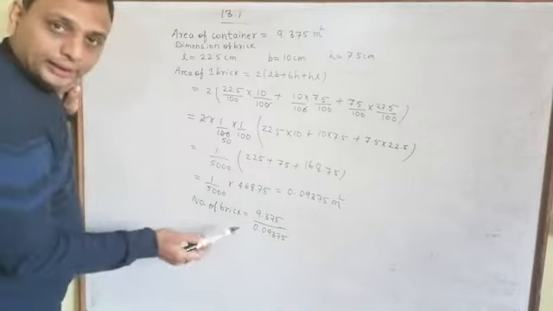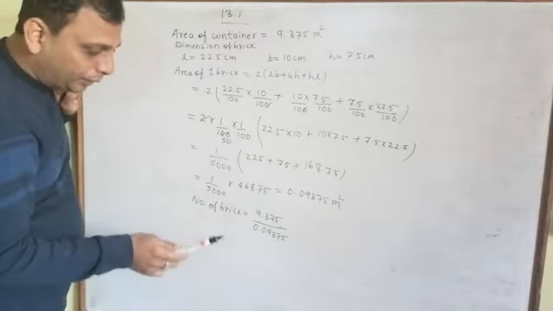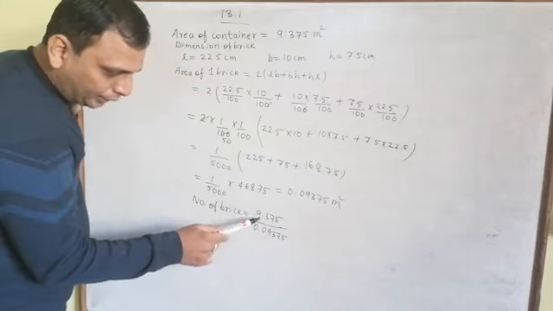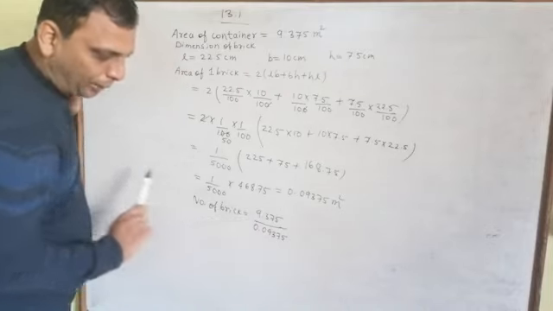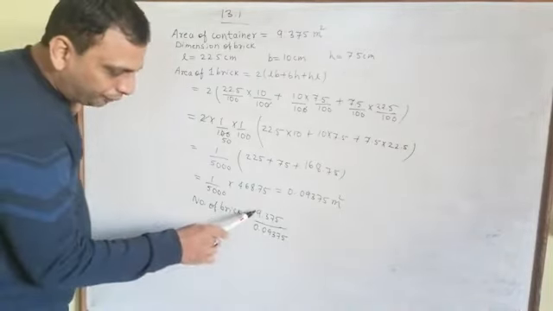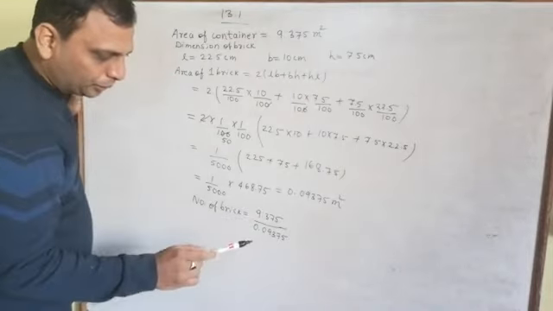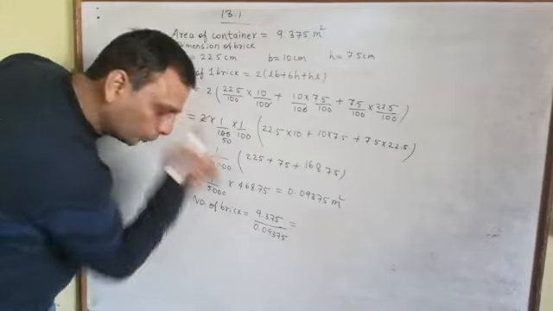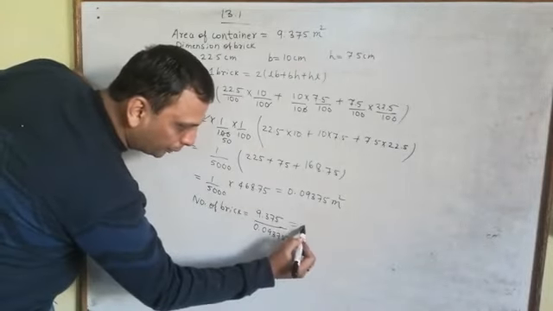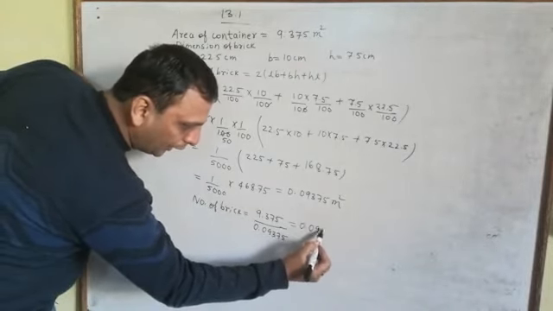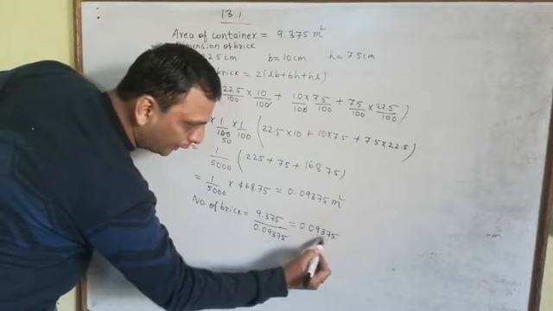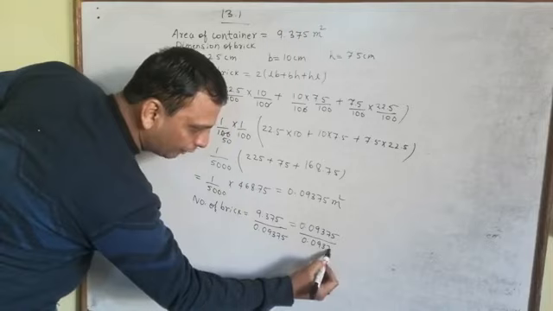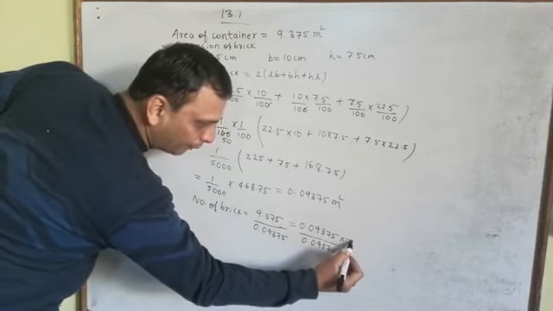Now to cancel this, there is a way to cancel. If I shift the decimal one place this side, the power 10 will come. If I shift one more time, the power 100 will come. That means it will be 9.375 divided by 0.09375, multiply 100 will come.